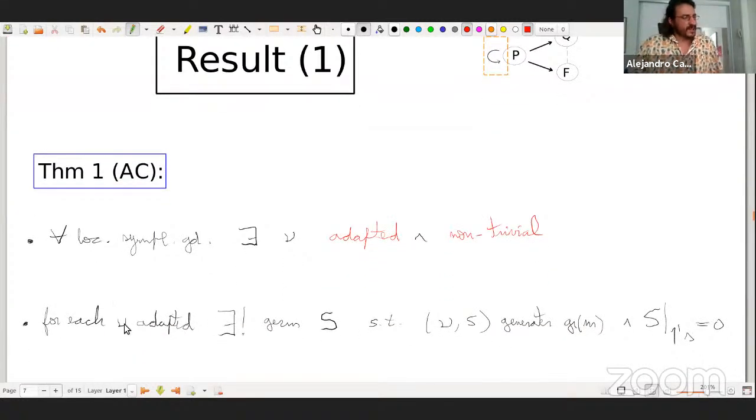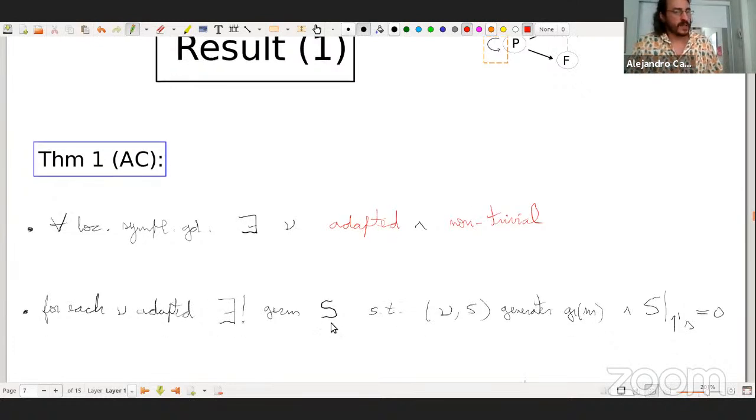The second part is that for each choice of such adapted framing, there is a unique germ of generating function corresponding to it. So once you fix the framing, then you get a generating function, and a normalization condition for it is given by its vanishing on the units, just to kill ambiguity by adding constants and so on.